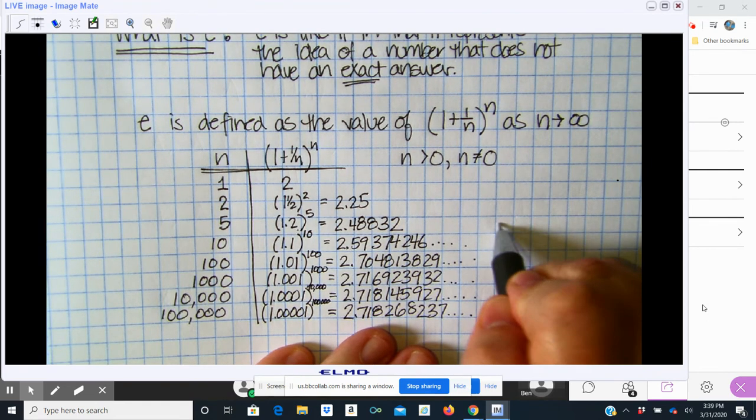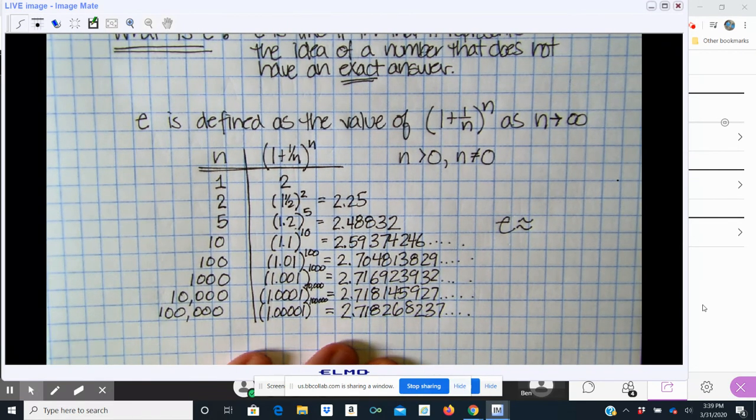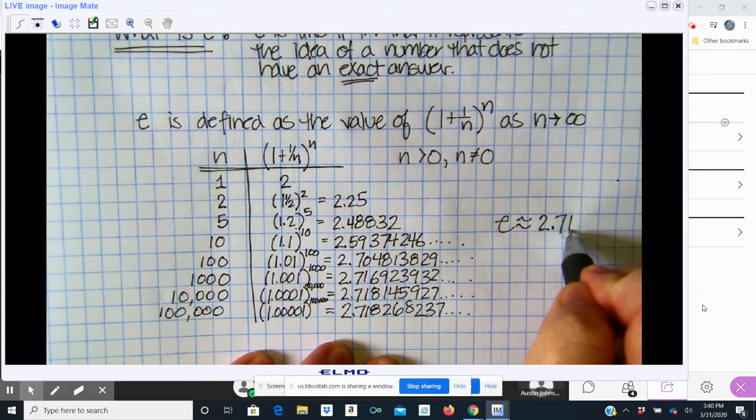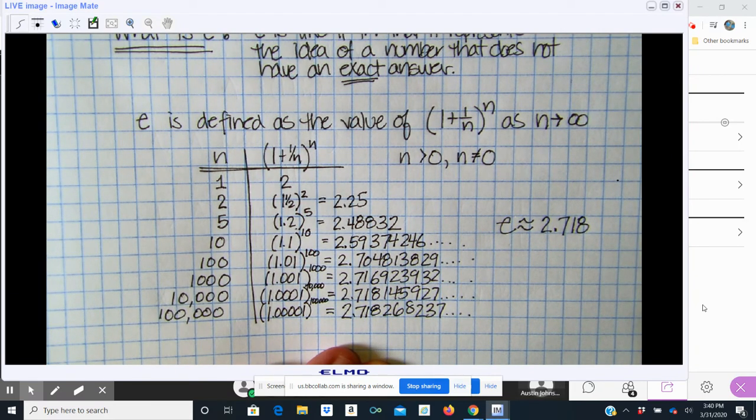We can, however, say that it would be true that e is approximately, there you go, 2.718. We usually give e to 3 decimal places. It's an approximation.